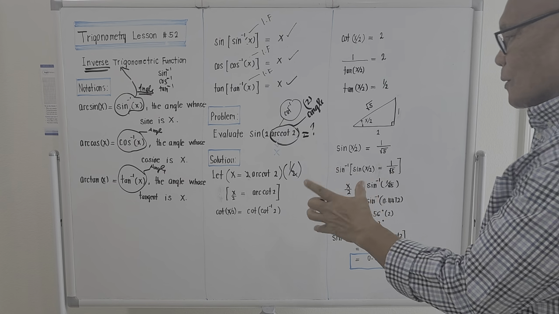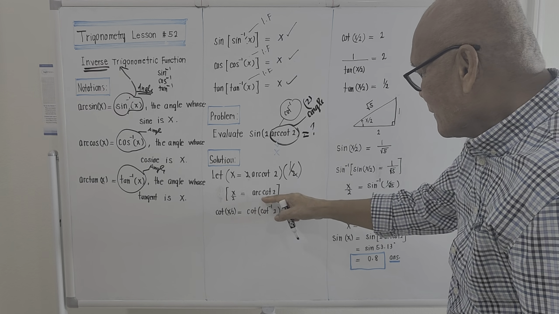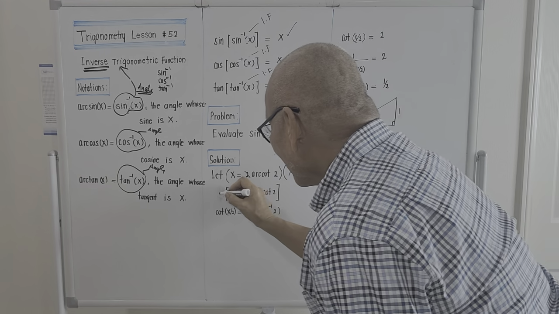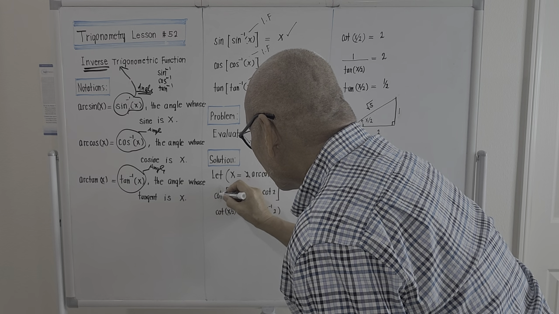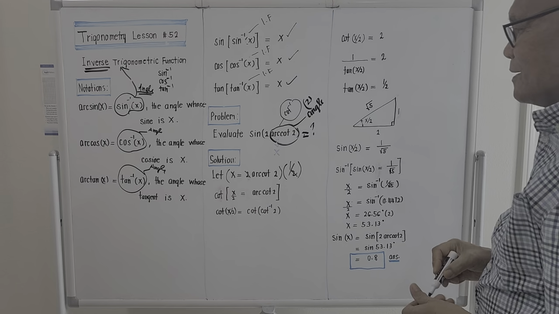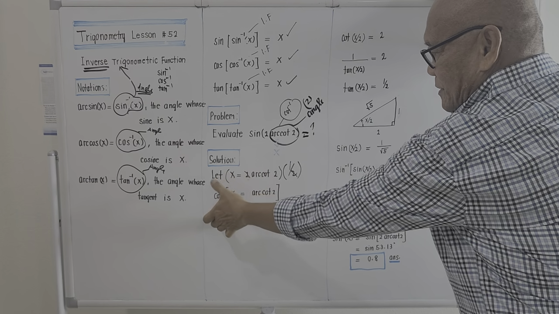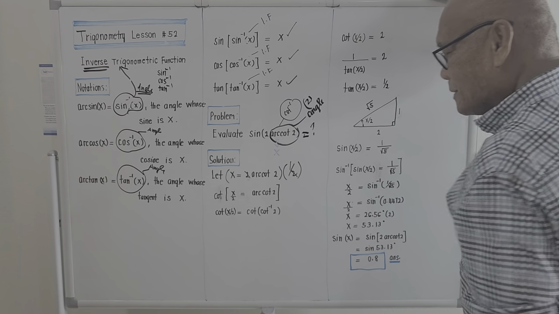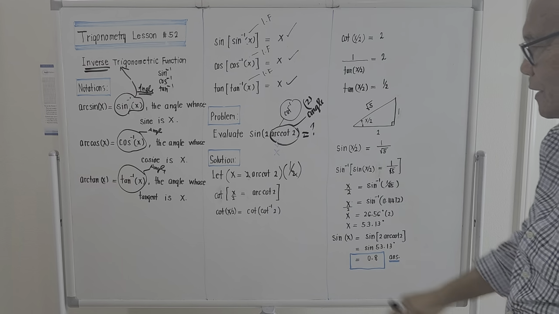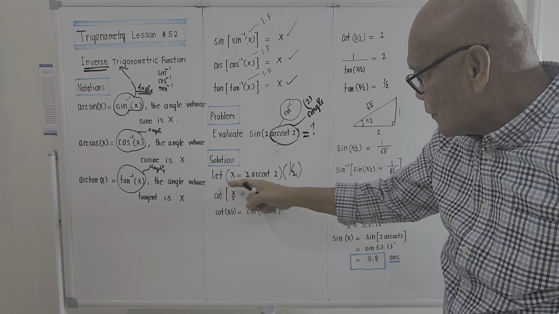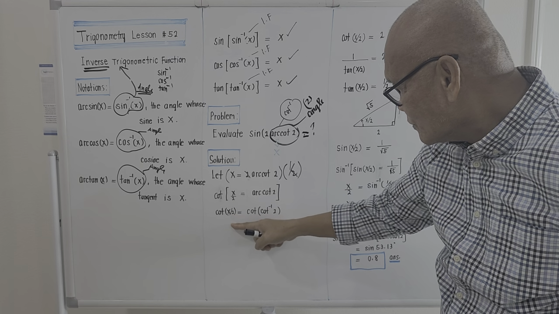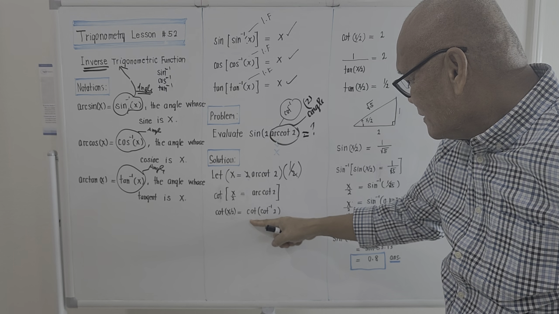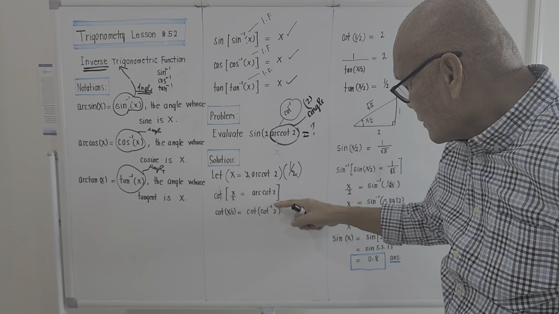And to solve for x, we must eliminate this arccotangent here. The enemy of an arccotangent is actually cotangent, so we will take the cotangent of both sides. The cotangent of x over 2 equals the cotangent of arccotangent of 2. Expanding, the cotangent of x over 2 equals the cotangent of cotangent to the minus 1 of 2.